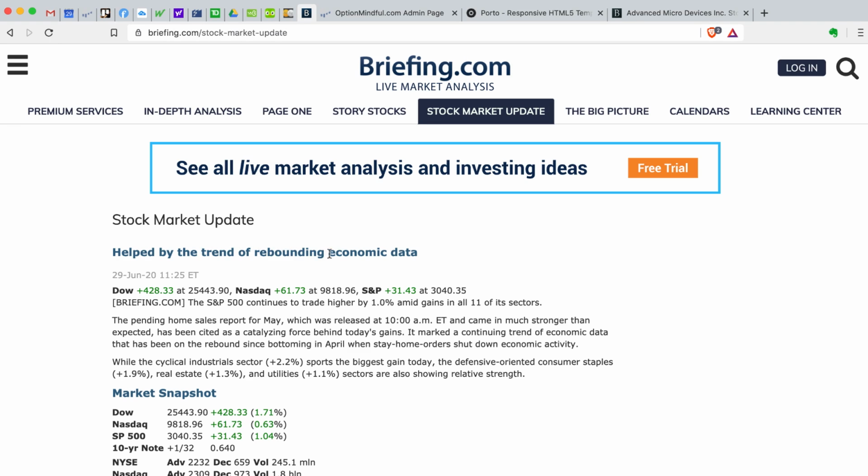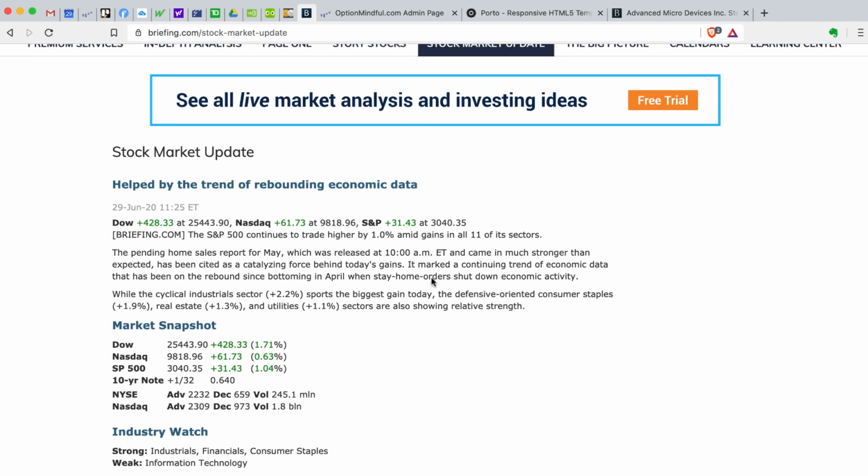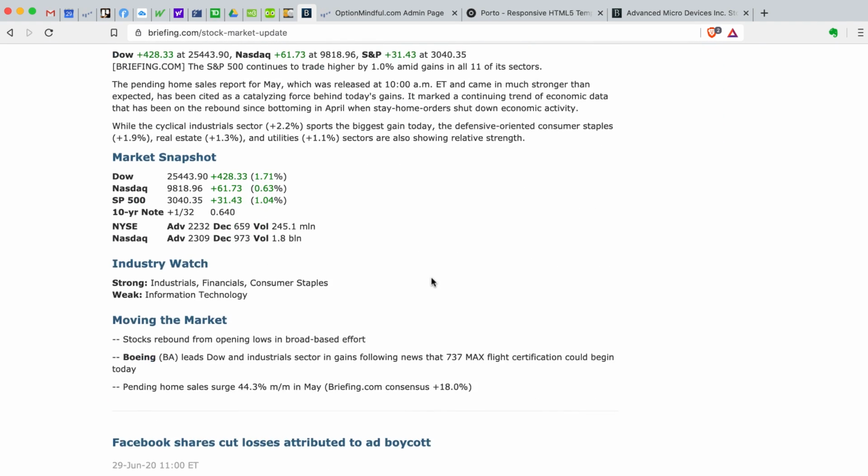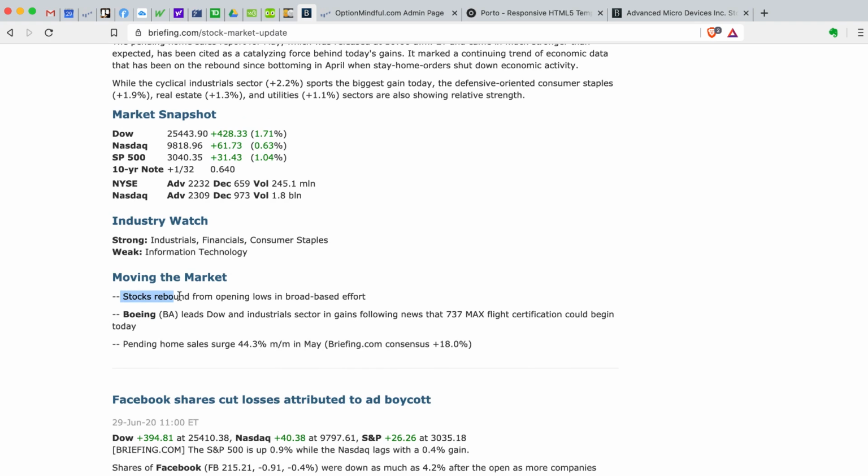Something like rebounding economic data. What's driving the market? That's the most interesting thing for me. Stocks rebound from opening lows in a broad-based effort. So there is some rebound going on. We've seen that on the chart. Boeing leads the Dow because they had some news around the 737 Max.